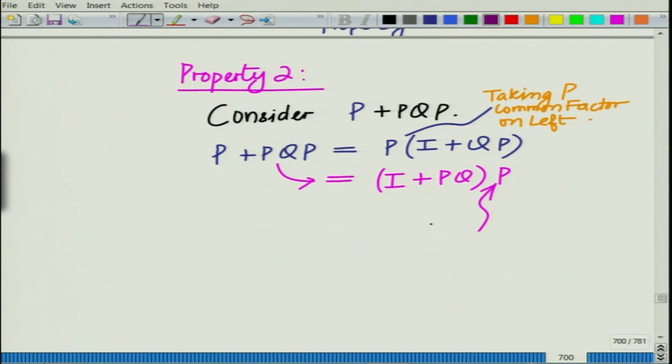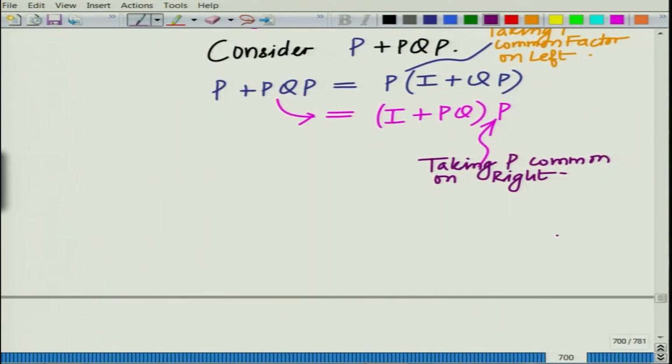This second form is obtained by taking P common on the right. Both are equal to P plus PQP. Let us say this is 1 and this is 2, both are equal.